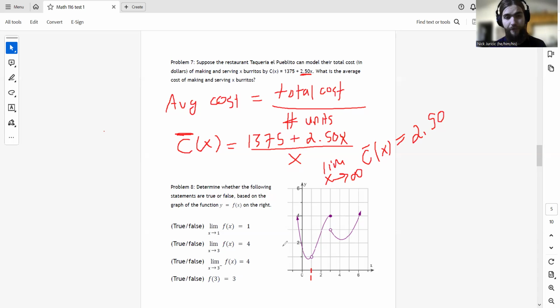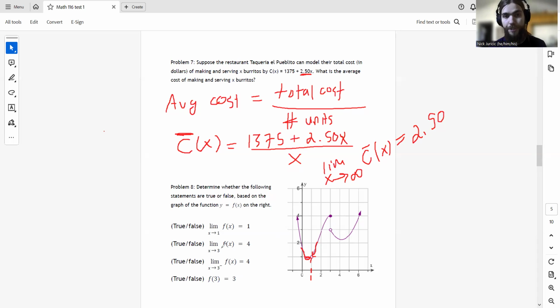So the function itself does not have a value at x equals 1. But all around it, the function is there and it is going towards this hole.